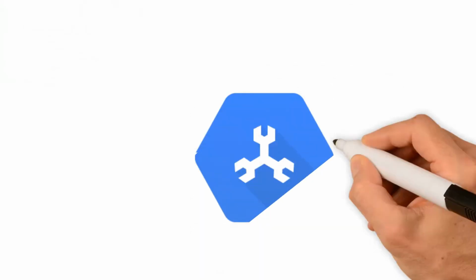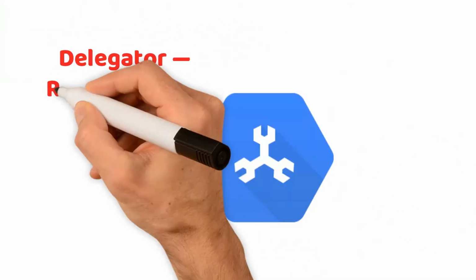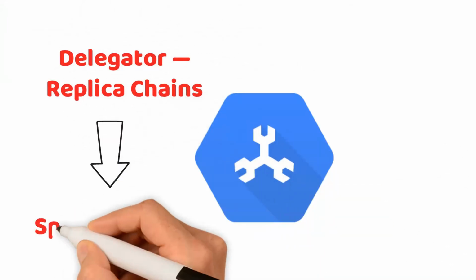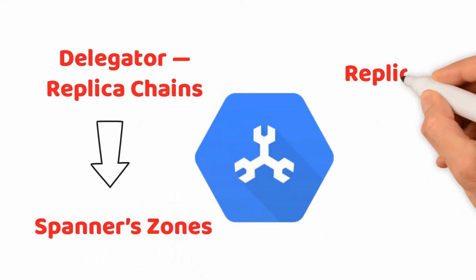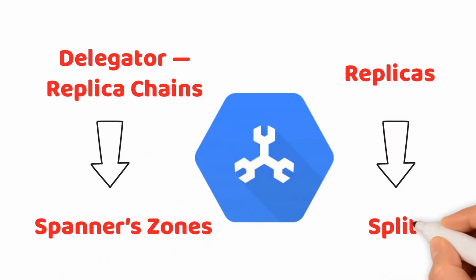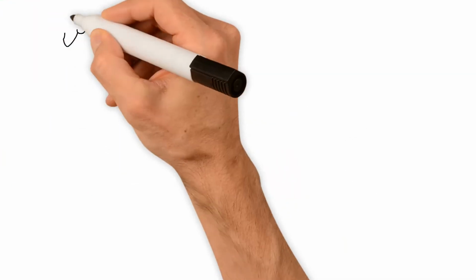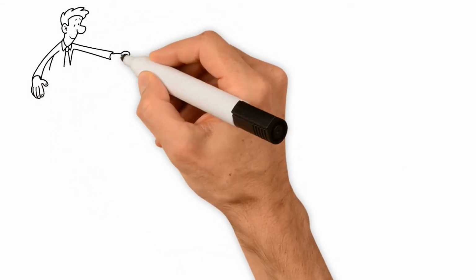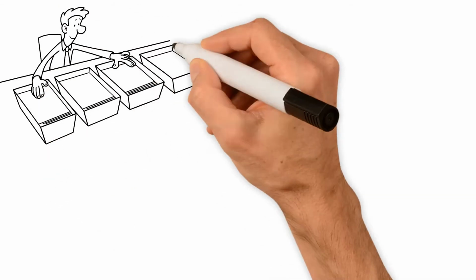In Google Spanner terms, delegator replica chains correlate to Spanner's zones, and replicas are referred to as splits in Google Spanner. The immutable area acts as a CRDT where records can only be added.